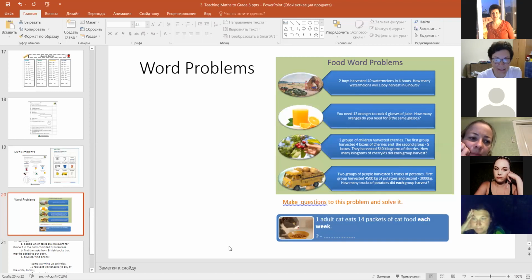I love this idea. I don't know how well kids can do it, but this is my favorite. For example, there is a problem, and you have to make a question to this problem. Again, this is from a Ukrainian textbook in math. I think it's difficult for the kids of the 3rd grade, but probably they can do it in Ukrainian.